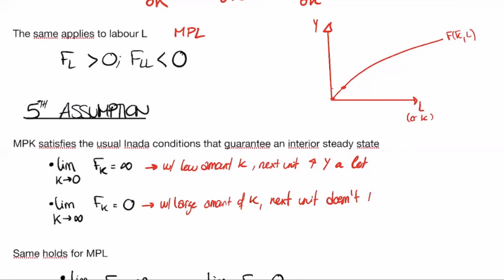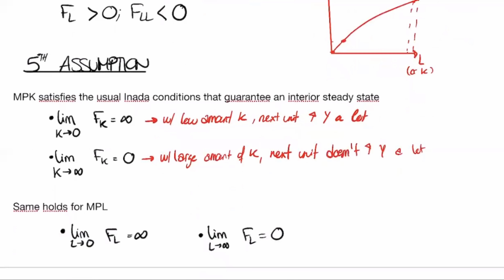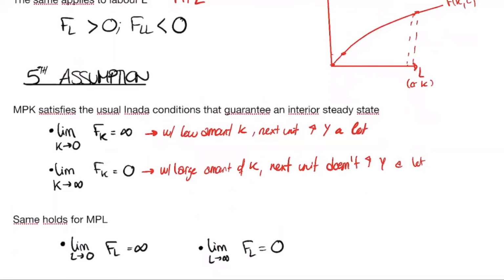And you see that, for example, here. If you go from here to here, the difference is very small. And that's because it is diminishing, concave. And the same holds for marginal product of labor.